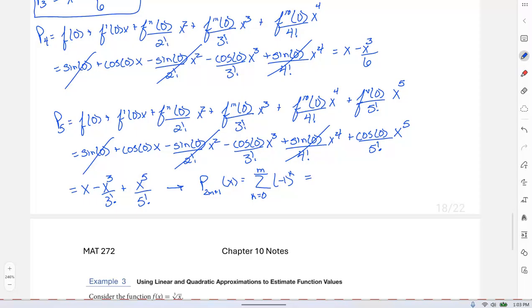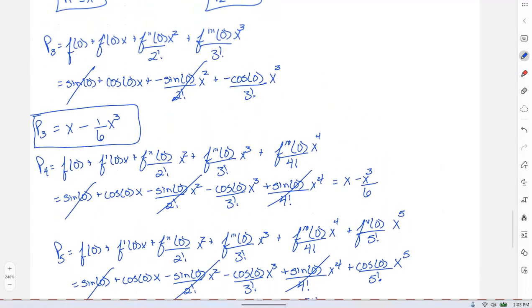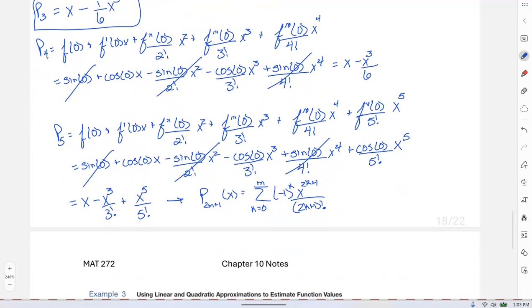And P5 had a fifth degree polynomial. So it would be negative 1 to the k times x to the 2k plus 1 over 2k plus 1 factorial. So we can start seeing patterns on how we can write Taylor or Maclaurin polynomials for transcendental functions. And sometimes we'll be able to come up with some kind of a really concise way of writing that, like we could do for the sine function.